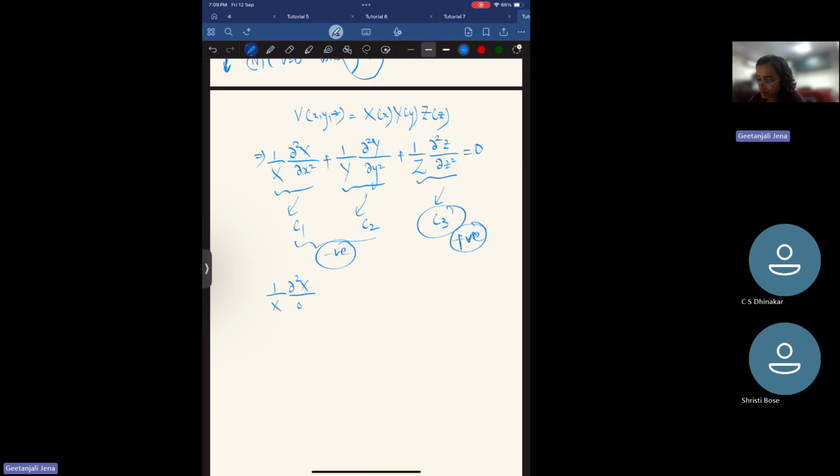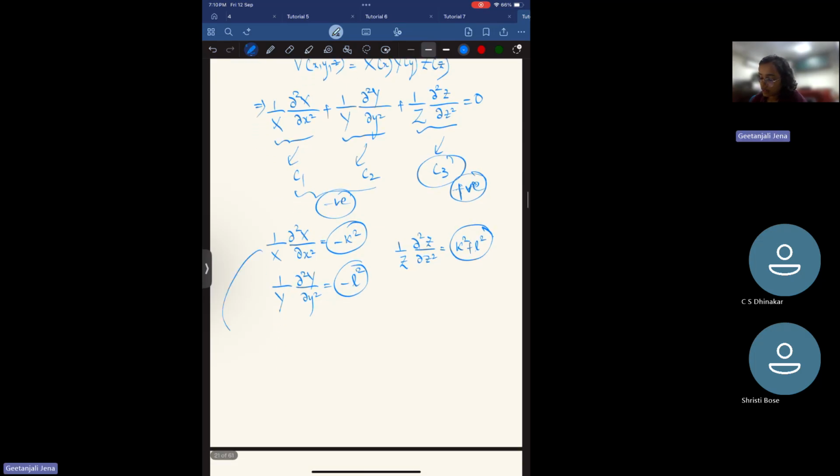So let's say this is minus k square, and for y, 1 by Y, d square Y by dy square, this is minus l square. That means 1 by Z, d square Z by dz square, should be k square plus l square. Now the solutions are easy to find out.